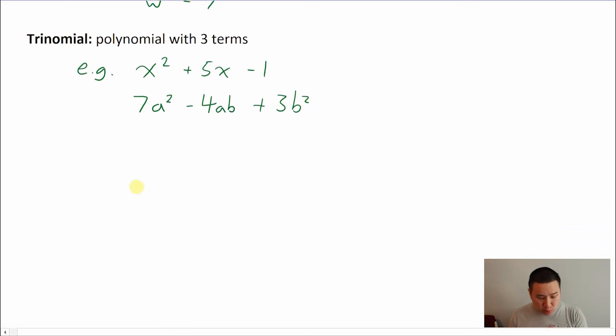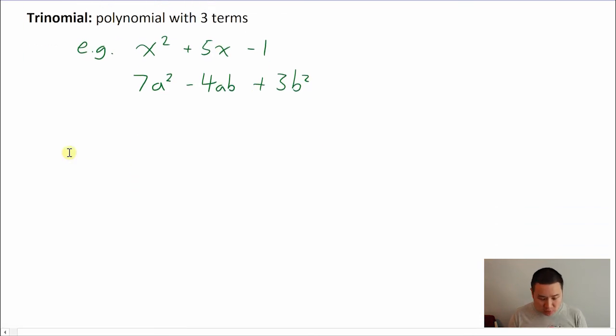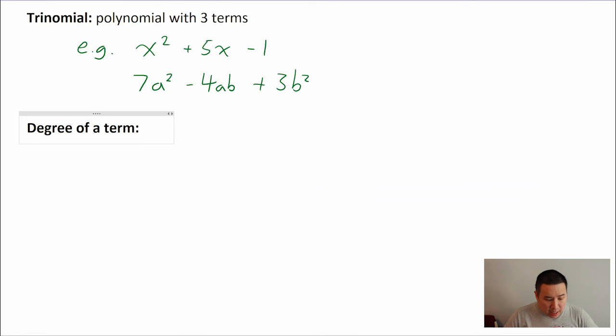All right, next we're going to take a look at the concept of degree. You'll notice that some of these variables have exponents on them, and that exponent represents how many times that variable was multiplied by itself. The degree counts basically how many layers of variables you have multiplied by one another.